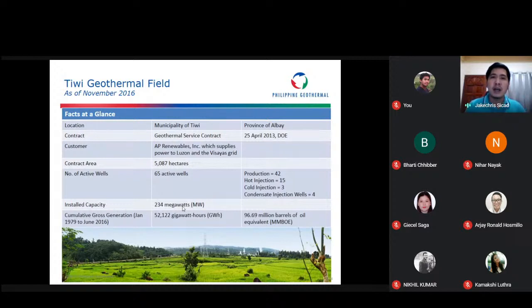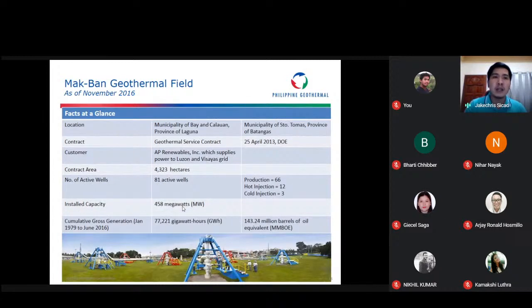So just a short description of the Tiwi field. It is located in the municipality of Albay, with around 65 active wells and an installed capacity of 234 megawatts. From the last update of this slide deck, it has produced around 52.1 gigawatt hours. And the Macban field is located in Bay and Calauan in the province of Laguna, and the municipality of Santo Tomas in Batangas.